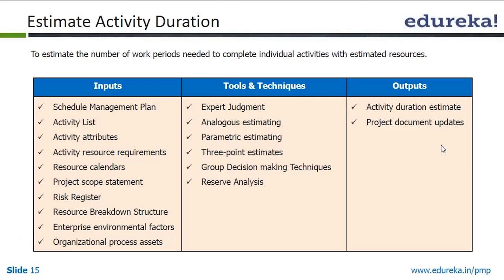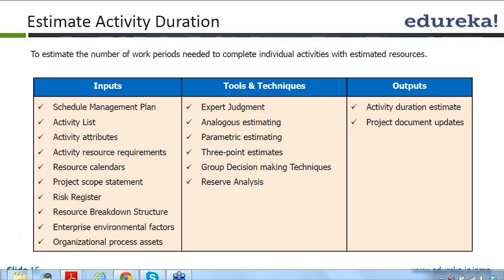Expert judgment, analogous estimation, parametric estimation, 3-point estimation, group decision making techniques and reserve analysis are the different tools and techniques. And activity duration estimates and project document updates are the outputs.